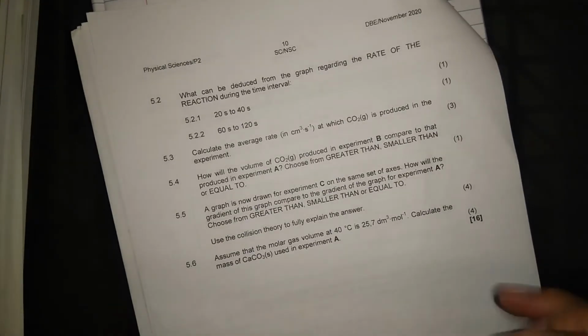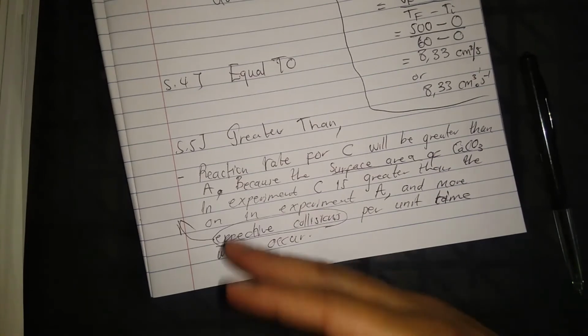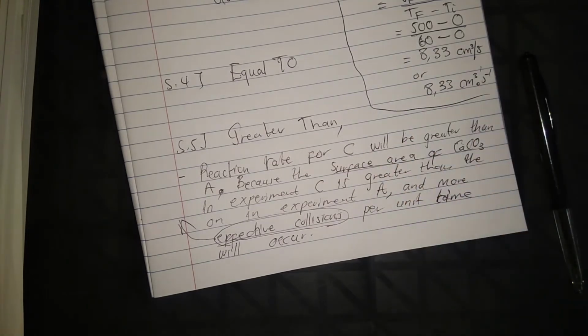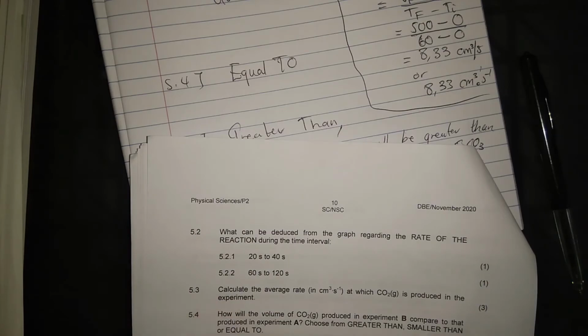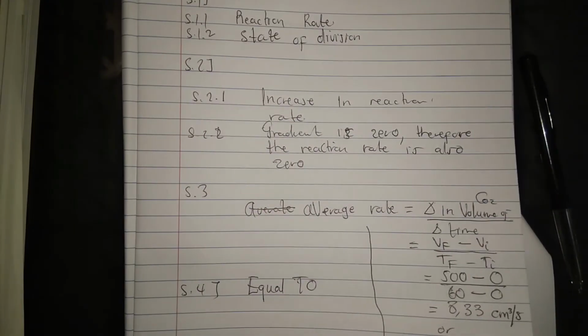So when told to use collision theory to explain, you must use keywords like effective collision, surface area, concentration, pressure. If talking about gases or solutions, you must mention concentration along those lines.